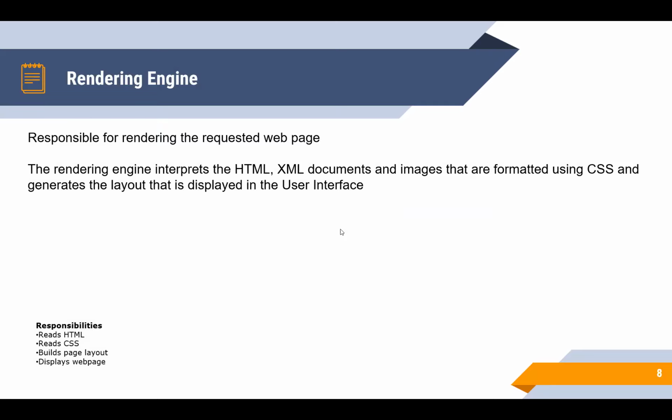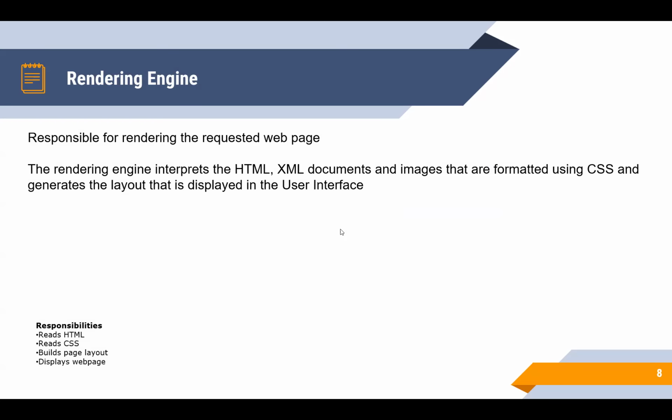After that, as I told you, this is the heart of any browser. The rendering engine is responsible for rendering any request. Rendering means how things will be displayed on the UI.